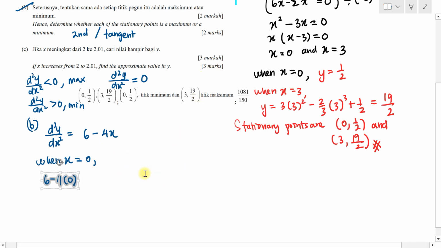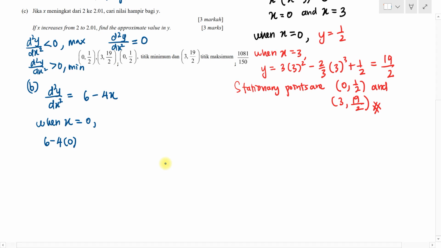So this is your d square y/dx square. You will get positive 6. Positive 6 is more than 0. Therefore, x equal to 0 and what's the point now? 1 over 2 is a minimum point.